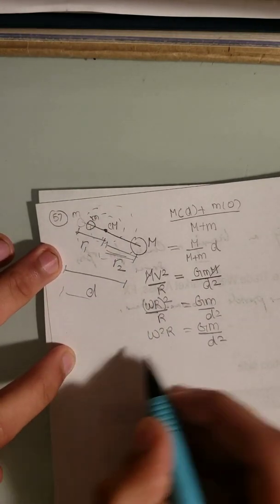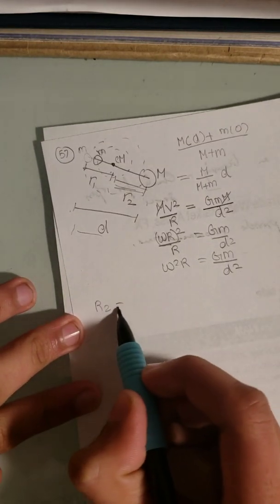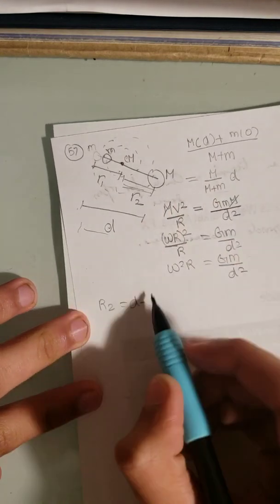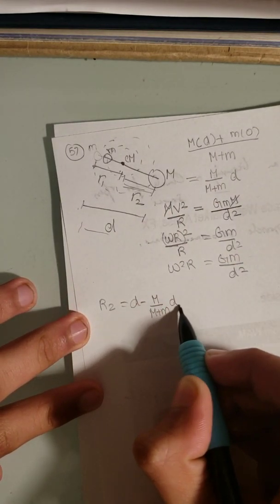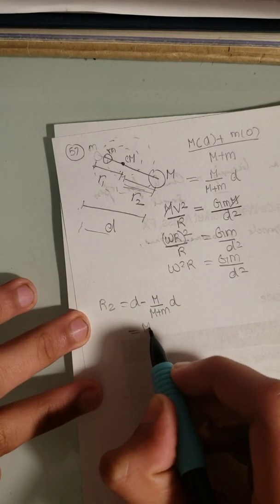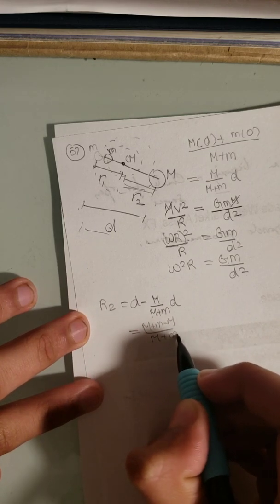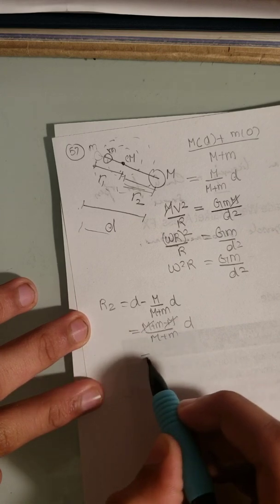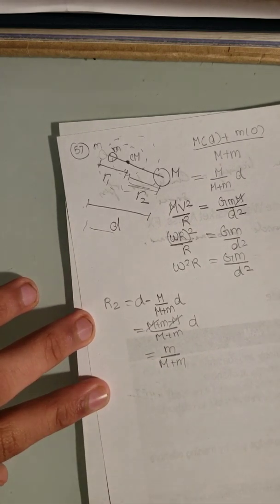So for big M, the distance would be, we'll call that r2, and that's d minus this expression over here, M over, and if we simplify this fraction, we get small m divided by big M plus small m.